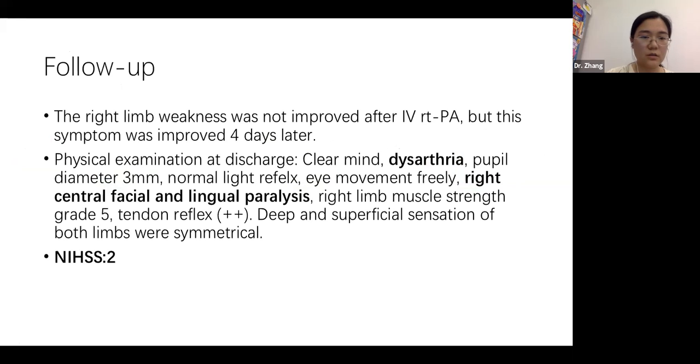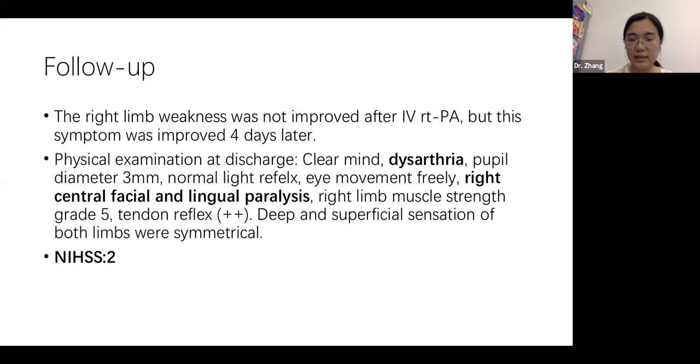And for this patient, let's see the follow-up. The right limb weakness was not improved after the rtPA at the beginning, but it was improved 4 days later after hospitalization. At discharge, on physical examination, he still had dysuria and right central facial and lingual paralysis.